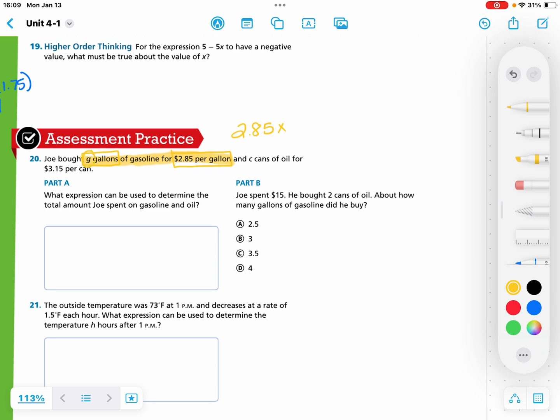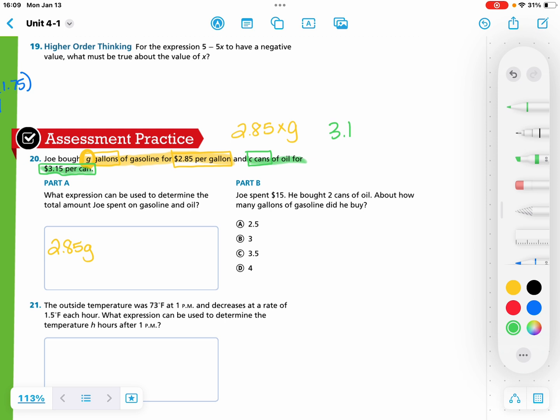Now, keep in mind, we aren't given a number, but that's okay. We can still use that letter G. So 2.85 times G, or just 2.85G. Going on to the next one, and C cans of oil for $3.15 per can. I'm going to do the exact same thing. C cans for $3.15 per can.